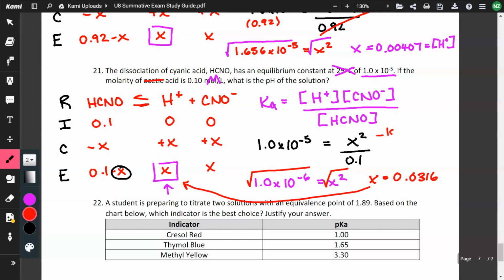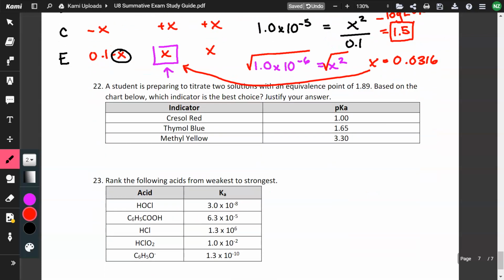So then negative log of 0.0316 is equal to 1.5. So pretty acidic. All right, 22 deals with buffers, and we are going to skip this one.